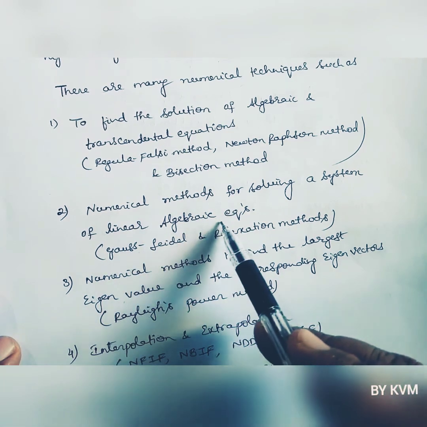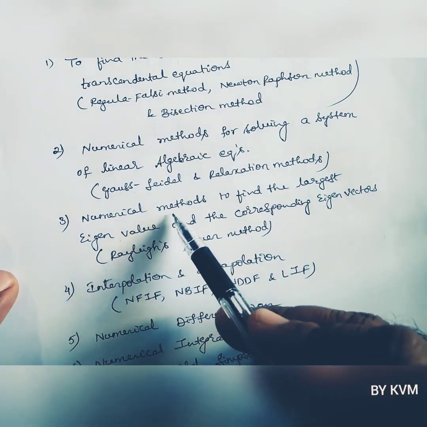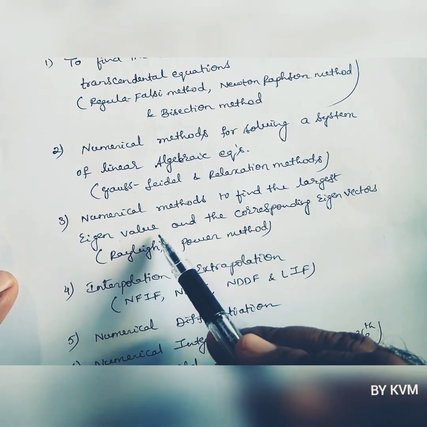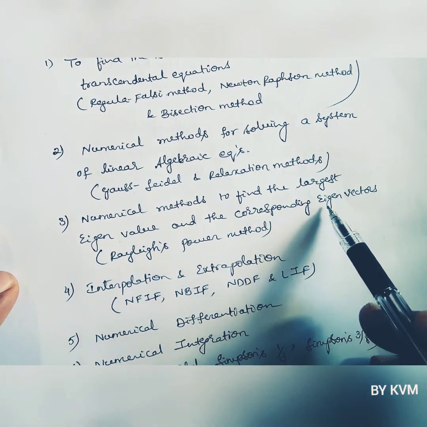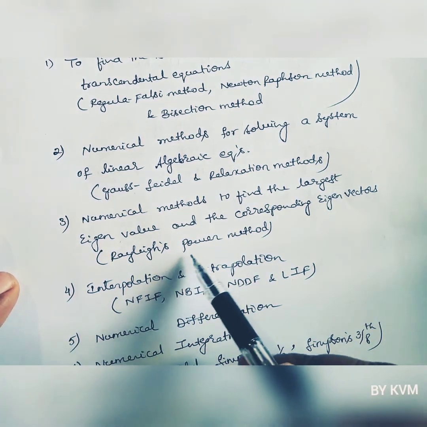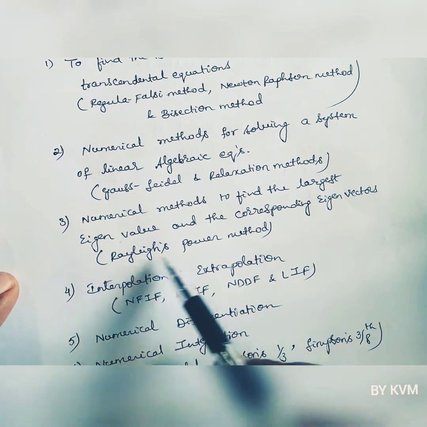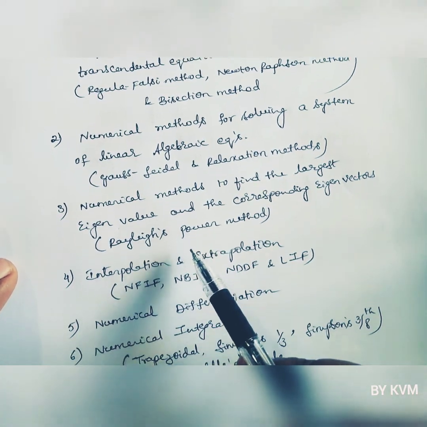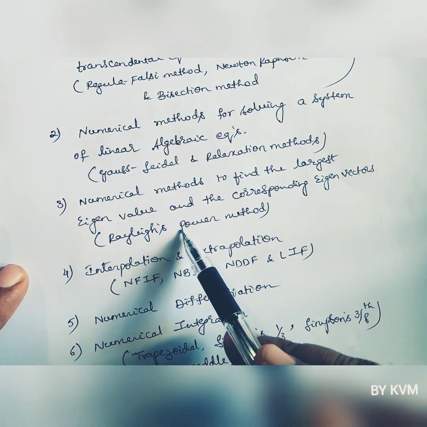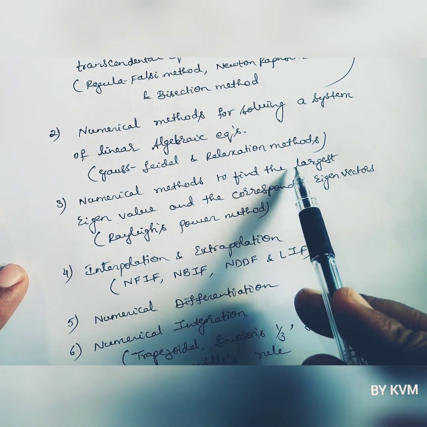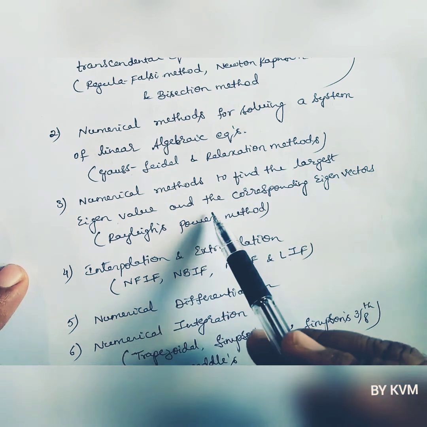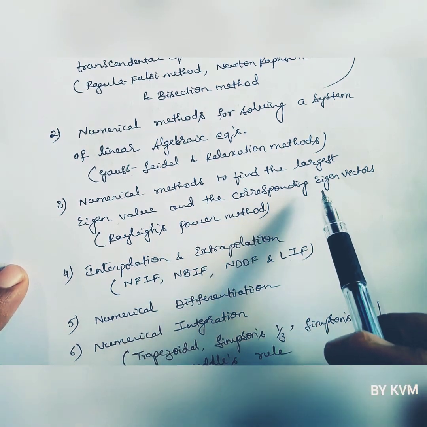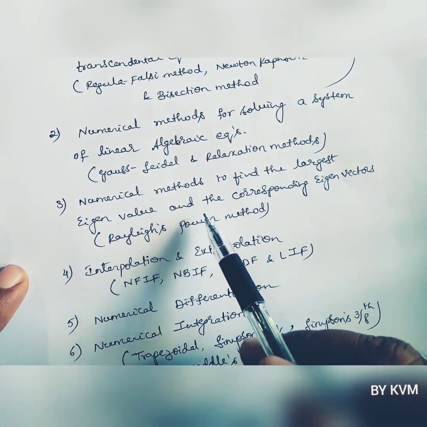Now there are numerical methods to find the largest eigenvalue and the corresponding eigenvector, that is Rayleigh's power method. This method also you have already studied in first sem. So using Rayleigh's power method we can find the largest eigenvalue and its corresponding eigenvector.